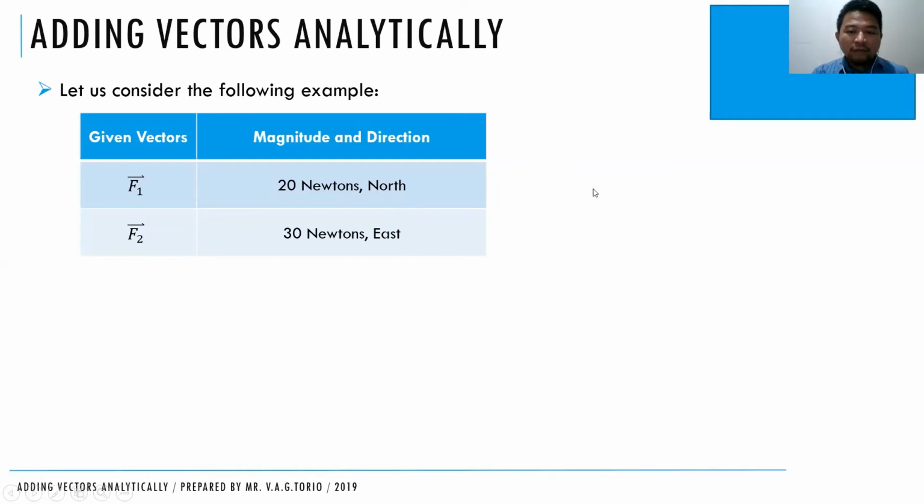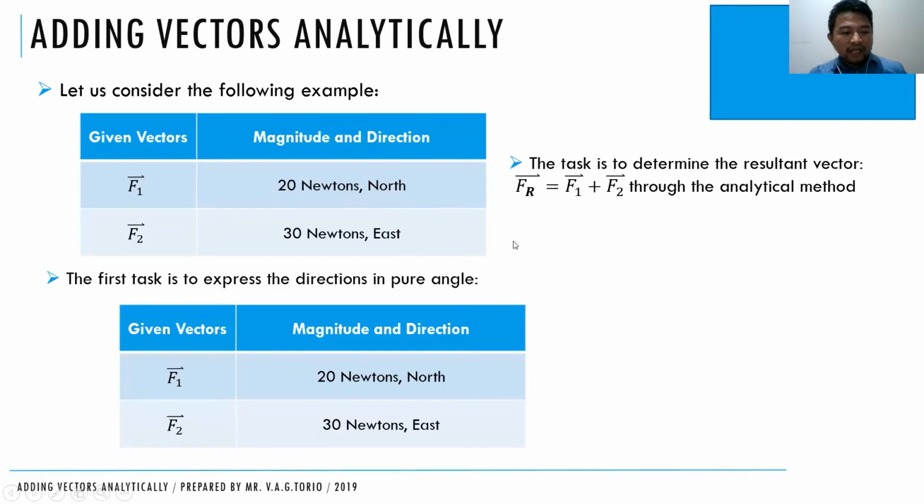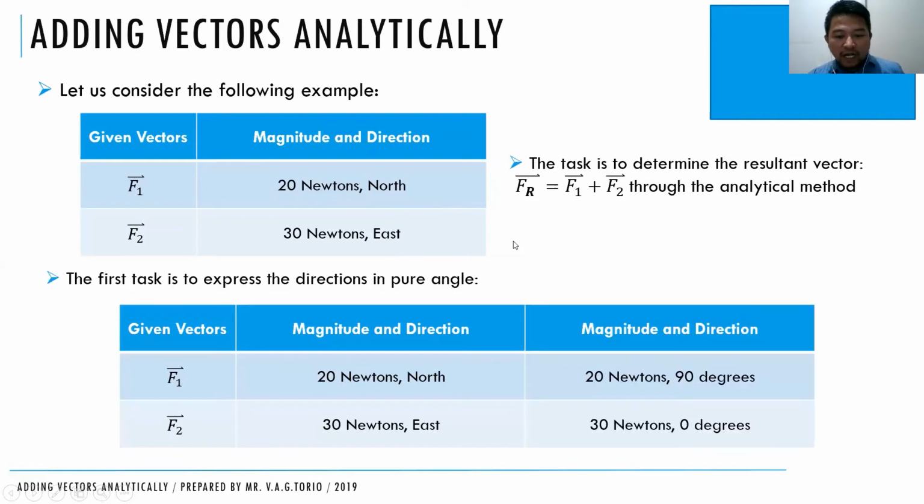North, if we are to imagine our Cartesian plane, is 90 degrees, and east is 0 degrees. So we can express our given vectors as 20 newtons at 90 degrees. That is, we've converted north to be 90 degrees and east to be 0 degrees.